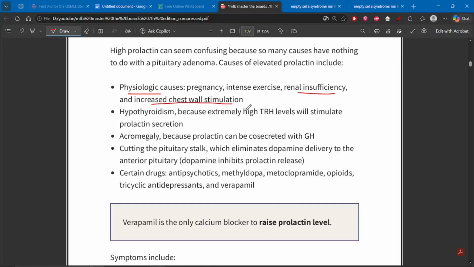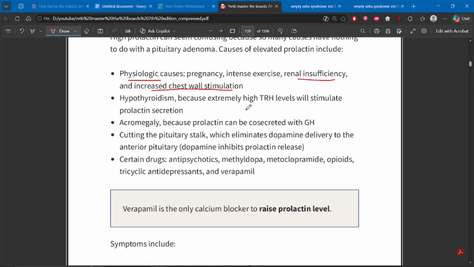Hypothyroidism can cause elevated prolactin because high TRH will stimulate prolactin secretion. So let me highlight this because it's quite important: high TRH levels will stimulate prolactin secretion.